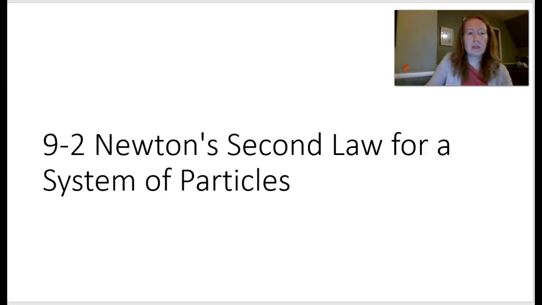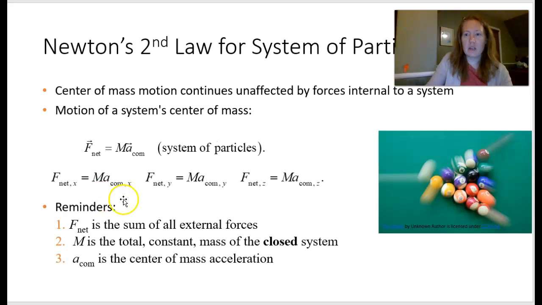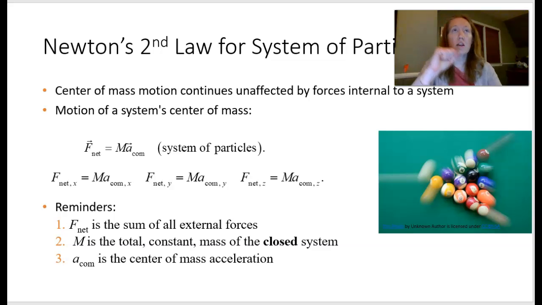Because we just went over center of mass, they want to make sure that you know that up until this point, we've been talking about how one thing moves. But Newton's second law still applies to a group of things.